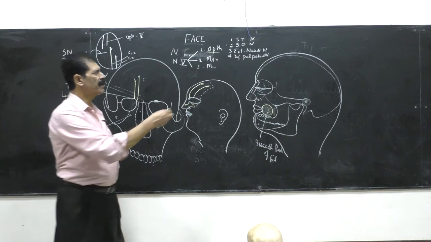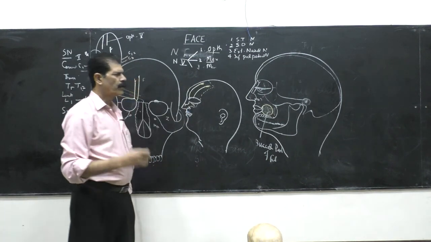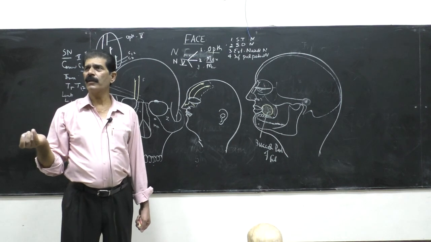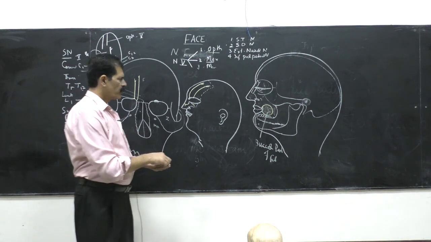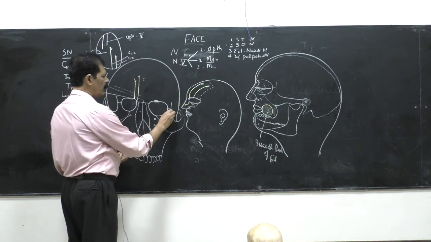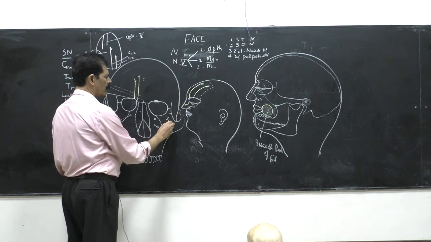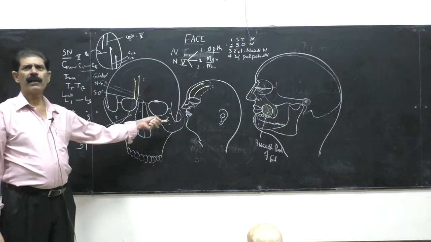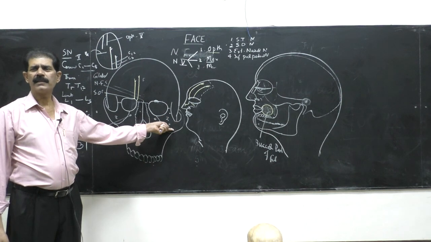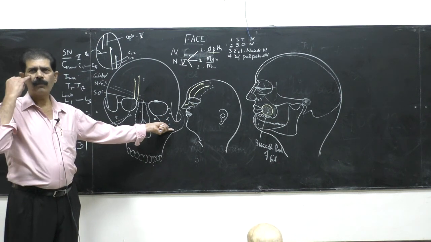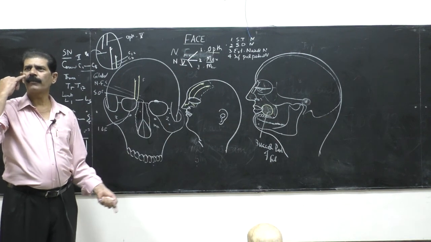Next comes the maxillary division. So skin over the maxilla is supplied by branches from the maxillary division of the trigeminal. Here are the 2 small foramens on the zygomatic bone. One is called the zygomatico-temporal foramen and one is called the zygomatico-facial foramen on the bone of the cheek, the zygomatic bone.